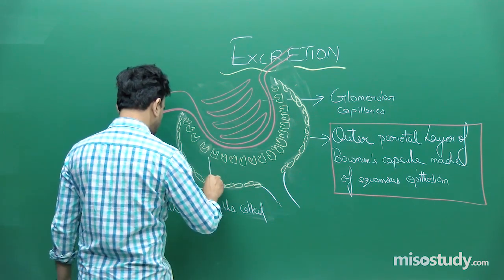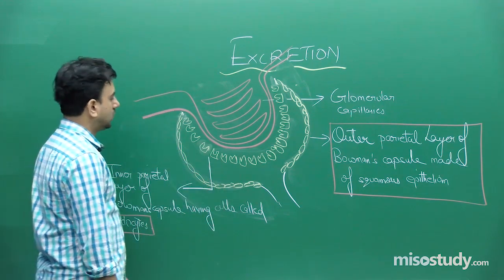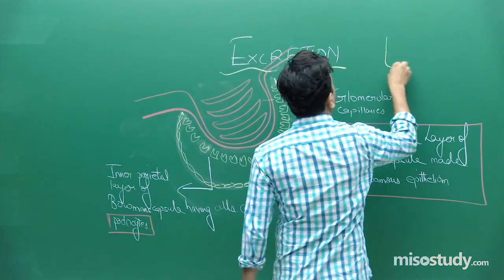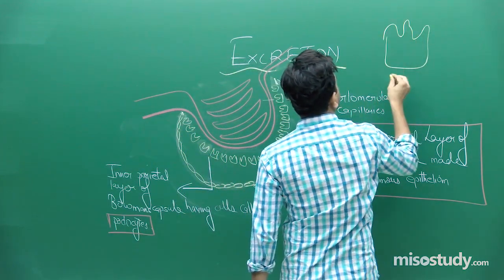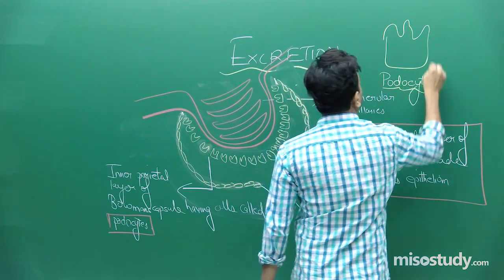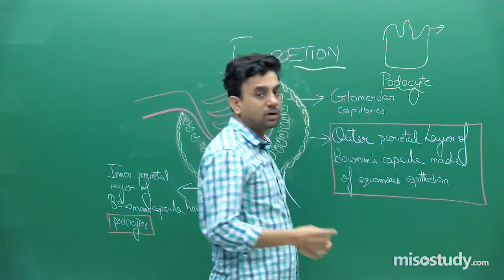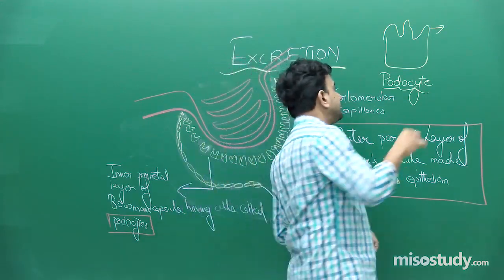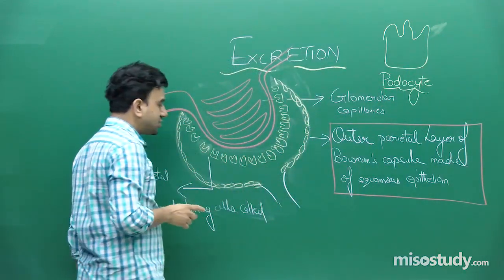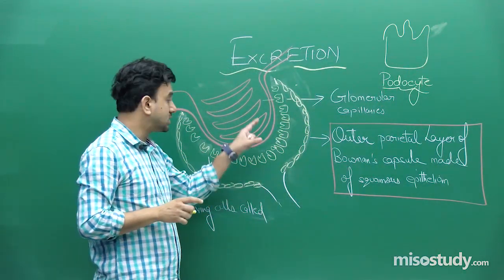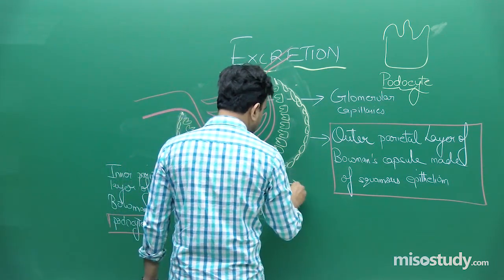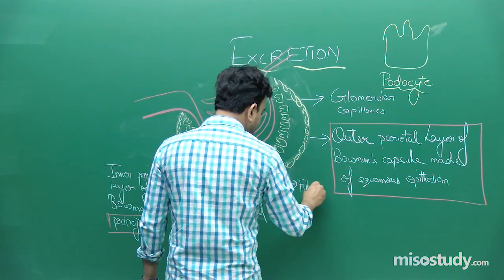This is the parietal layer. Now, how are the podocytes? If I draw one podocyte, somewhat like this, this is a podocyte, and this is some feet-like structure. So these are the podocytes which make up the inner layer of the Bowman's capsule, and the slits which we see in between are called the filtration slits.